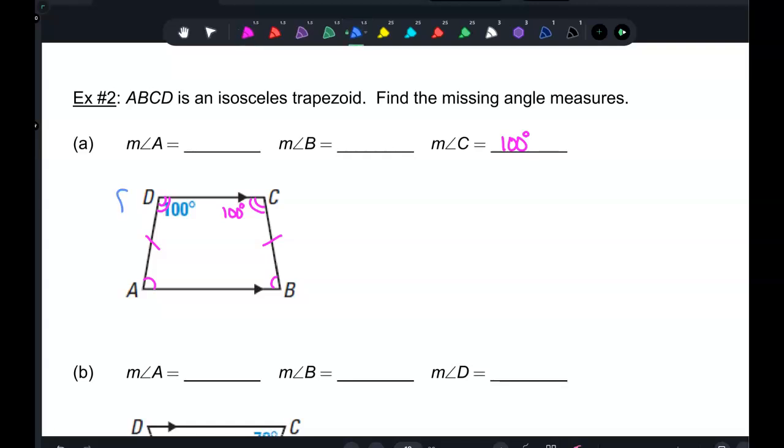I was saying that these two angles have to add up to 180. So, well, that's 100. So 180 minus 100 gives us 80 degrees here for angle A. Well, angle B also has to be 80 degrees because the two base angles are congruent. So we can easily just match. And again, you can double check, make sure all four angles add up to 360.